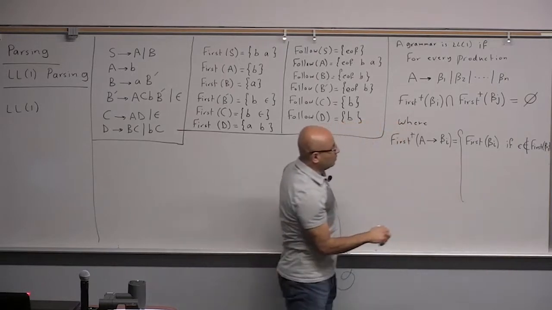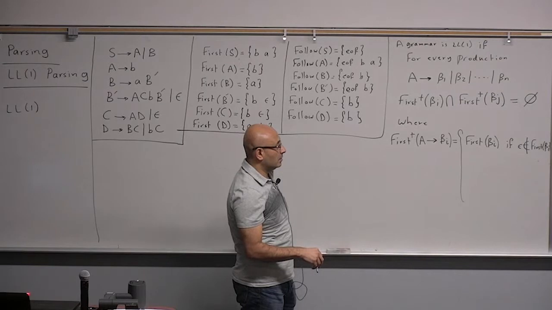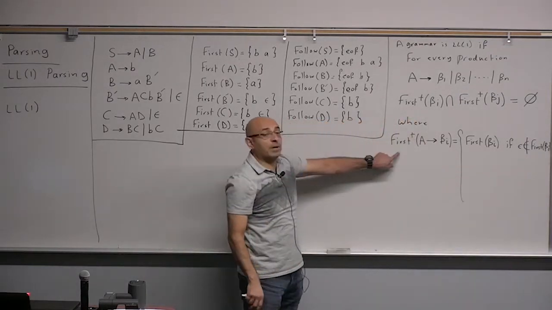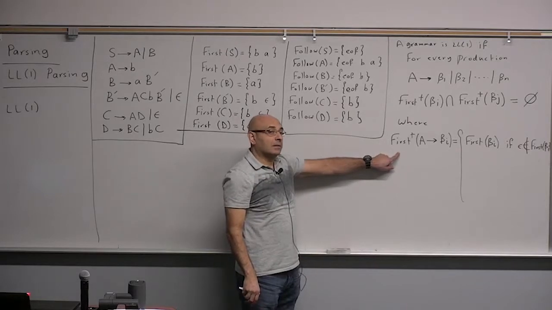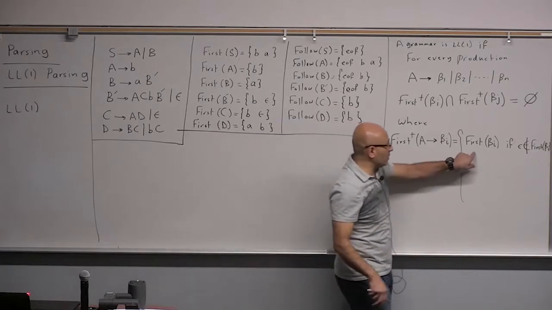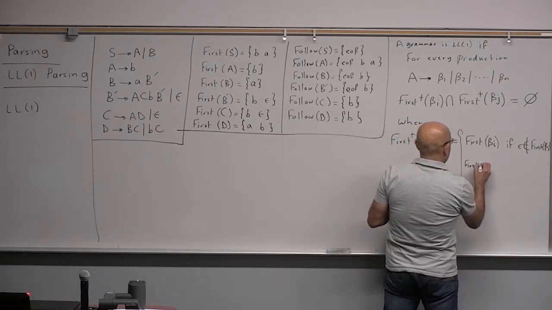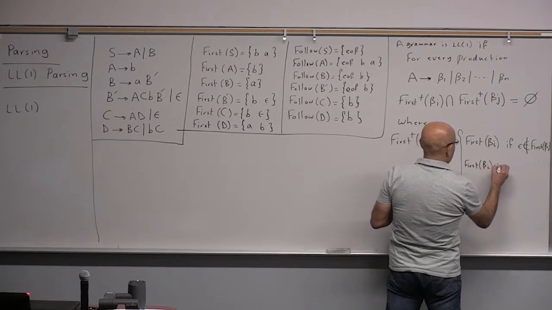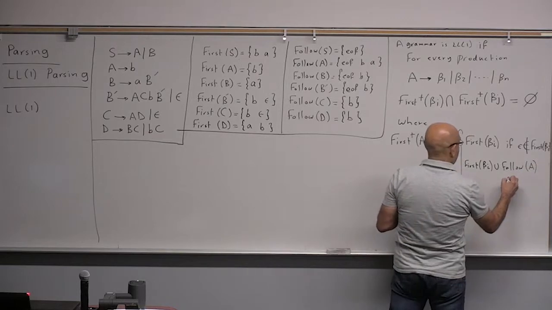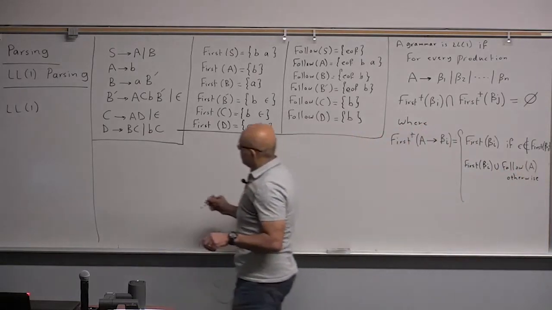And if epsilon belongs to first of beta i, then what's the first plus? You have to union the follow of A to that. So it's first of beta i union follow of A otherwise. So these are the rules.